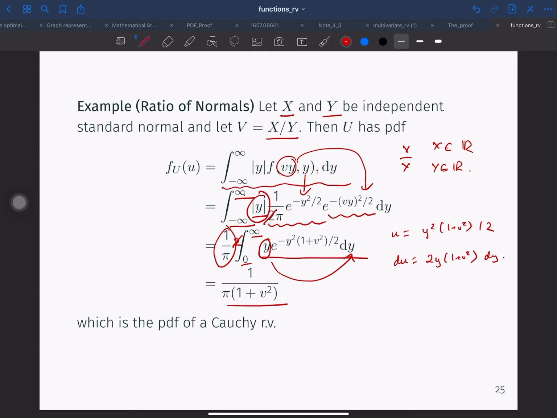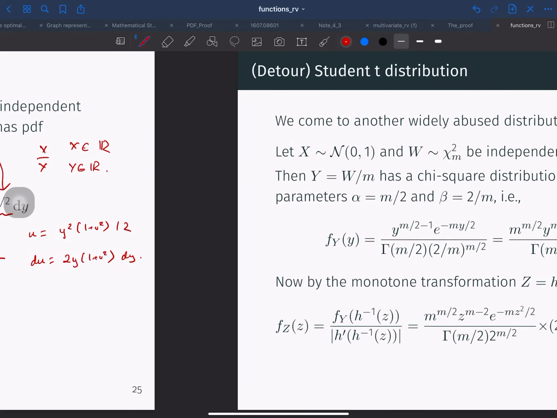And this is nothing more than the PDF of a Cauchy. So the ratio of two independent standard normals turns out to be Cauchy. So you see that all of these random variables, really, they are quite interrelated in many cases. And we know that that follows directly from the integral transform property.